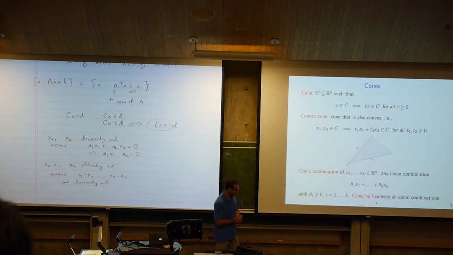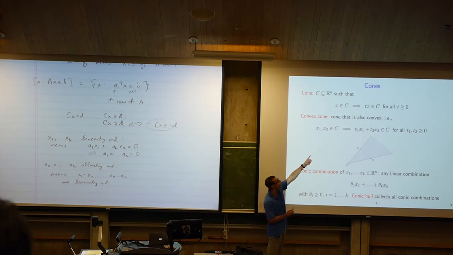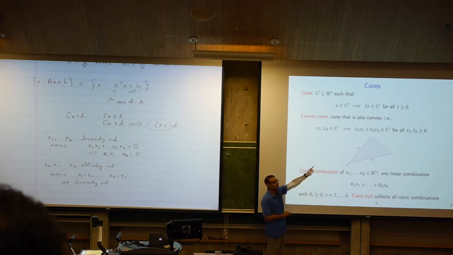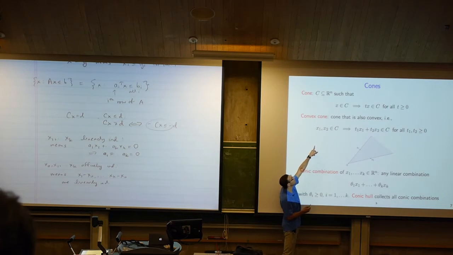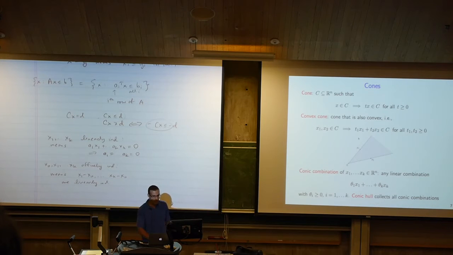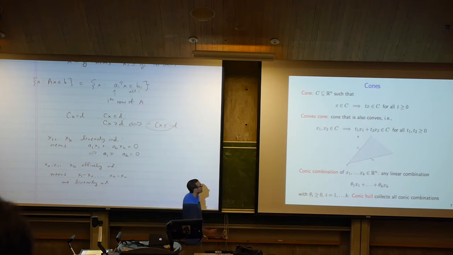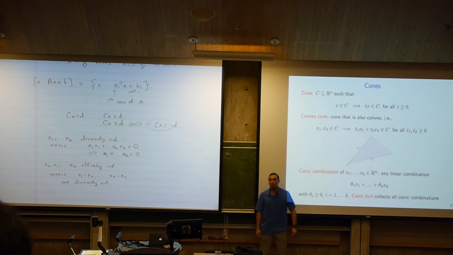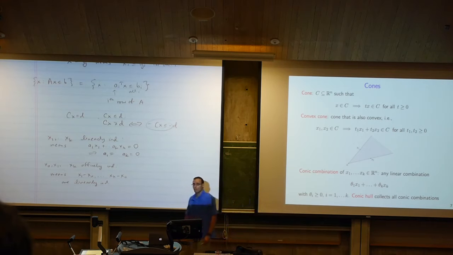You can check that this property, that all positive multiples of a point are in the set, along with convexity, can be reduced to this condition: if I have any two points x1 and x2 in C, then t1 times x1 plus t2 times x2, for any non-negative t1 and t2, must also lie in C. This is what it means for something to be a convex cone.